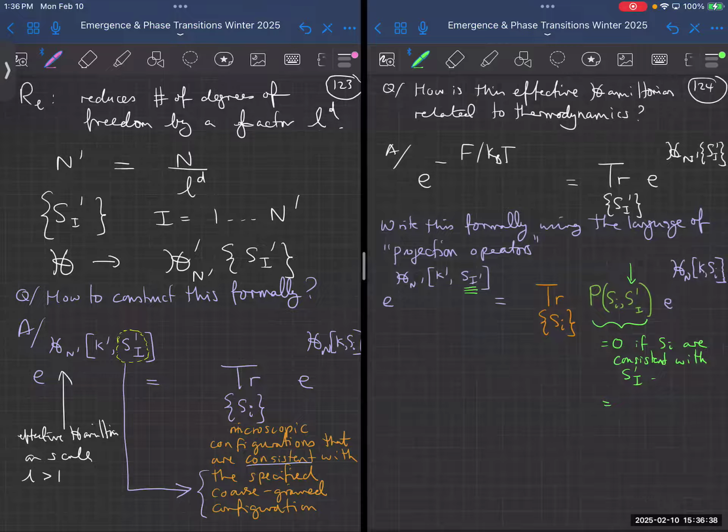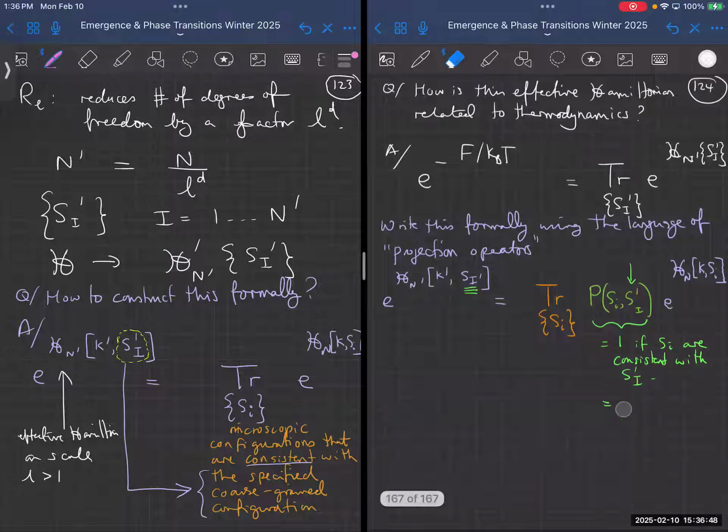Sorry, I said it the wrong way around. And it will equal 0 if not.